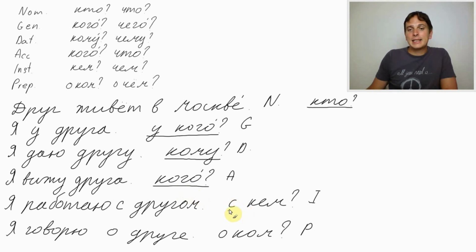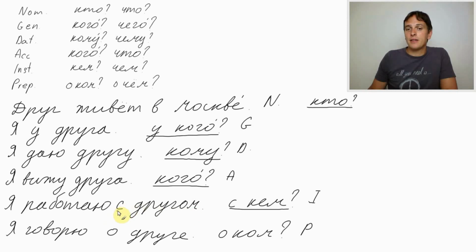Next one, с кем? With whom? We got the instrumental case. Я работаю с другом. I am working with a friend. Again, we adjusted working, работать, to the first personal pronoun. So, я работаю с другом.